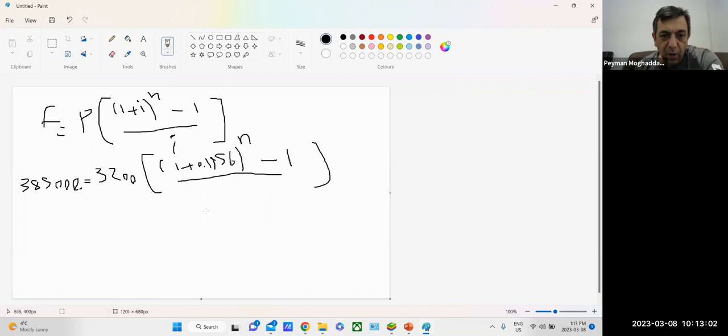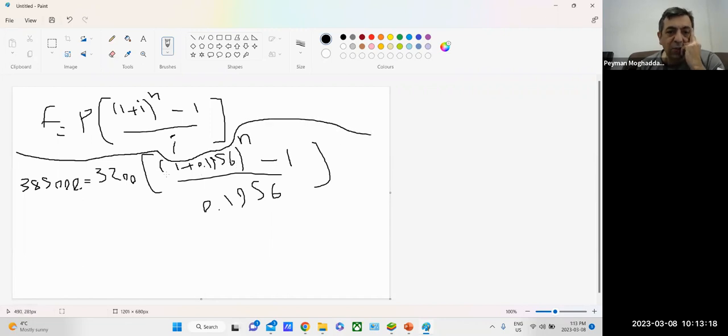Divided by 0.1956, okay? So now we can isolate for n in this equation, right? If you don't want to learn the original equation, we can isolate for n.